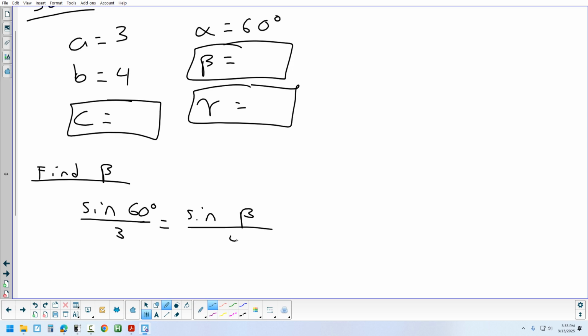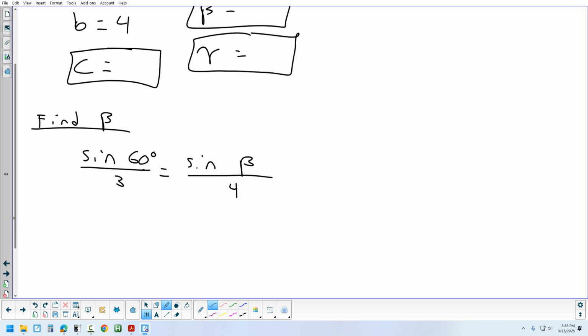This time we don't need to cross multiply because we're just trying to get sine beta by itself. So we just really want to get the 4 on the other side. How would we do that? Multiply both sides by 4. And now we've got sine beta by itself, but we want to get just beta, not sine beta. So we take the inverse sine.